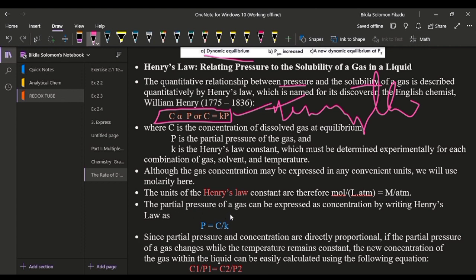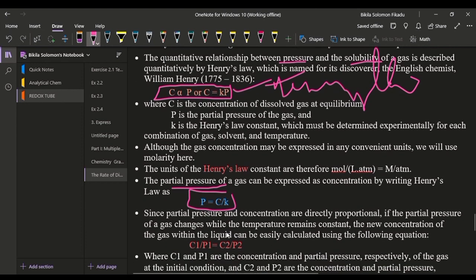So the partial pressure of gas can be expressed in concentration by writing Henry's law. So this is the partial pressure of gas. Partial pressure of gas equal to what? Concentration of dissolved gas over Henry's law constant. So since partial pressure and the concentration are directly proportional, the partial pressure of gas is what?